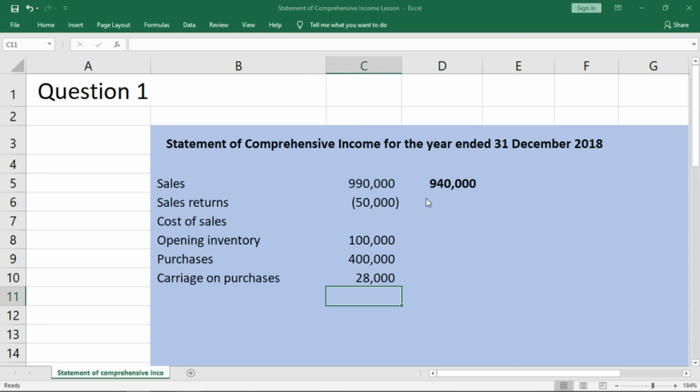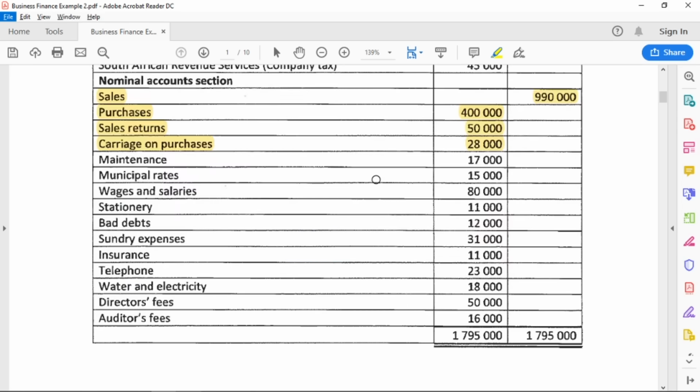28,000. And remember what I mentioned earlier on, anything that pertains to sales. Let's say it was written carriage on sales. What are we going to do with that? Are we going to include it as part of our sales? No, we are not, because selling expenses are expensed. We're going to put it under operating expenses. So anything else that pertains to the sales, apart from the sales and the sales returns, we don't include it as part of sales.